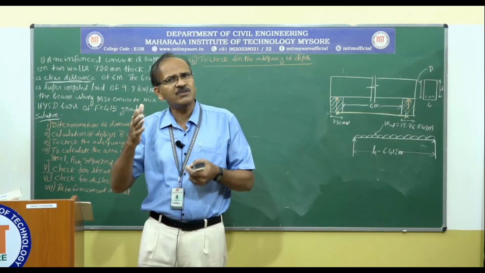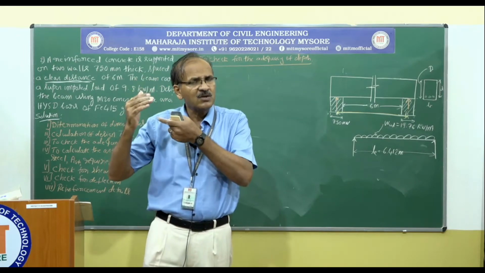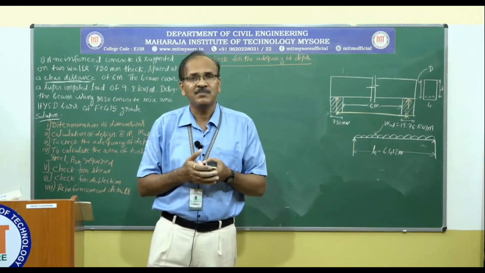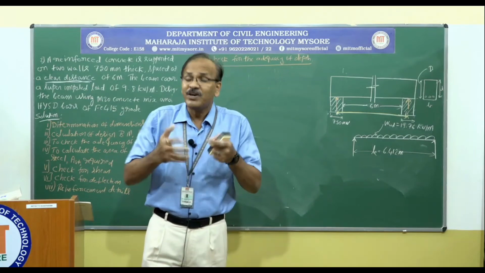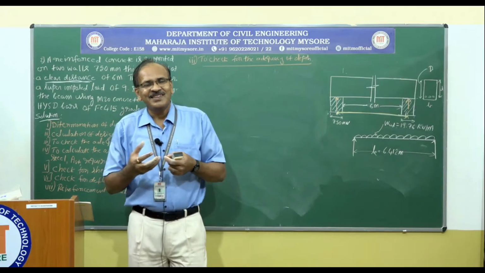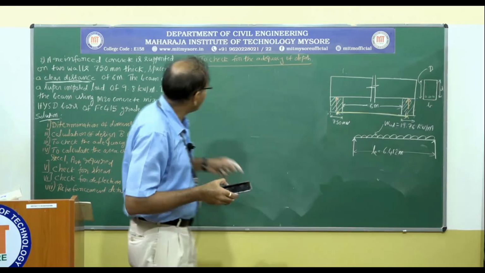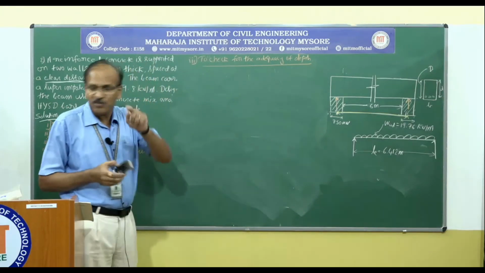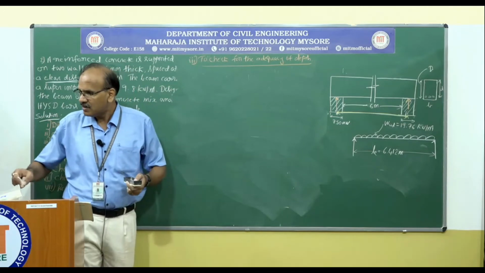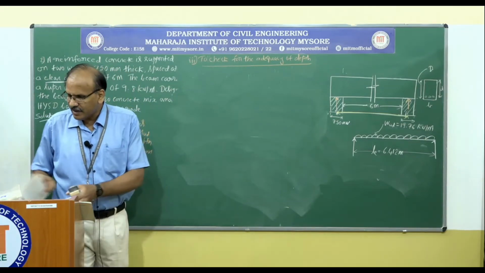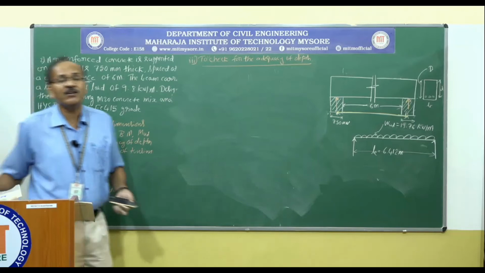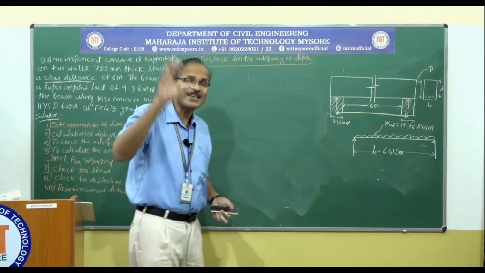So by taking out effective cover, the effective depth was 412 millimeter. Okay, but we are not sure that depth is adequate to take care of the design bending moment of 101.55 kilonewton meter we just calculated.